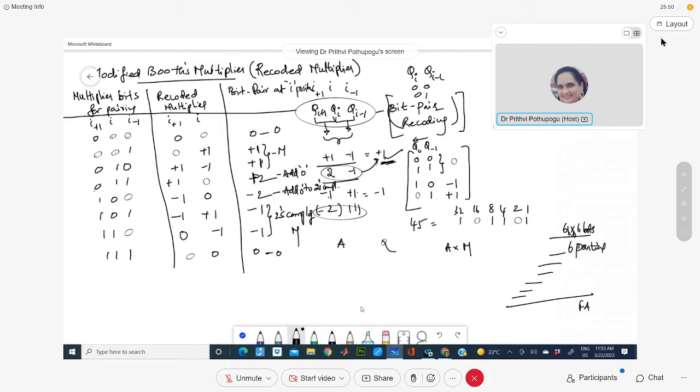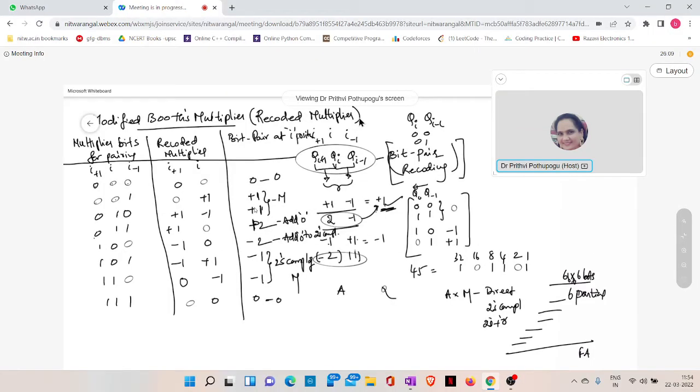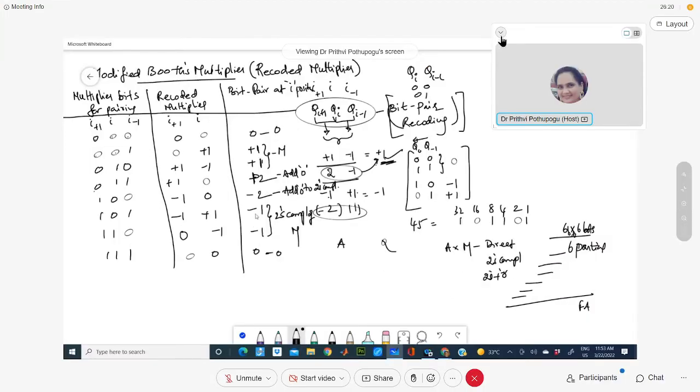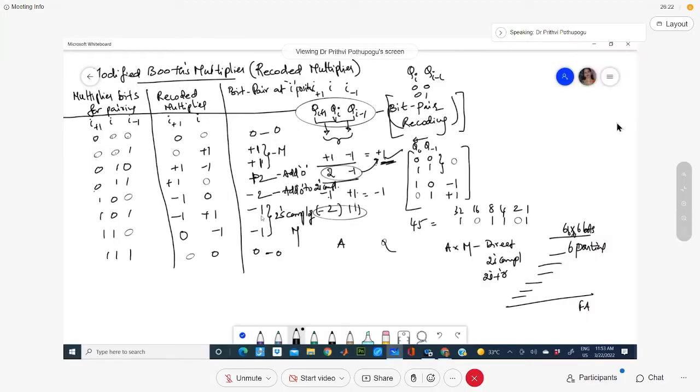This M value, are you considering that as a direct value, or its 2's complement value, or 2's complement plus 0 value? If this bit pair value is plus 1, directly we take the multiplicand value. If it is minus 1, the 2's complement value will be considered.